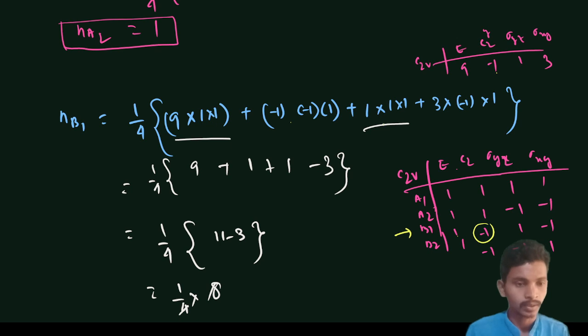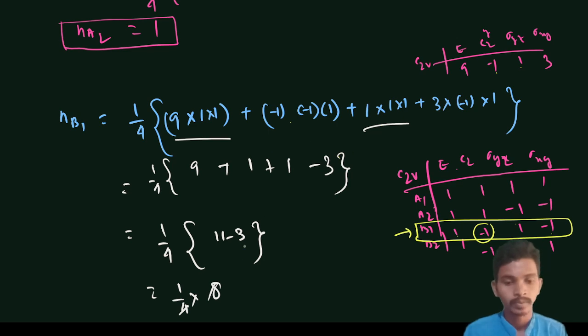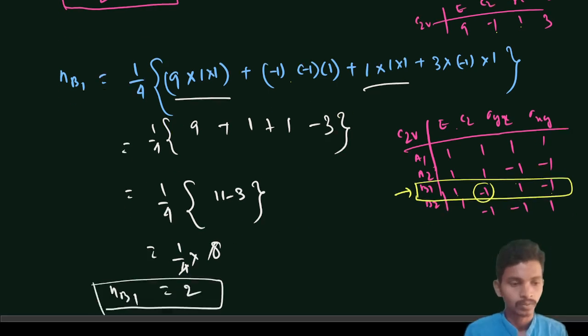Okay, this is 1, 1, 1, 1 and 1. Okay, this is 3, 3 minus 1. B1 also fine, that is equal to 2.